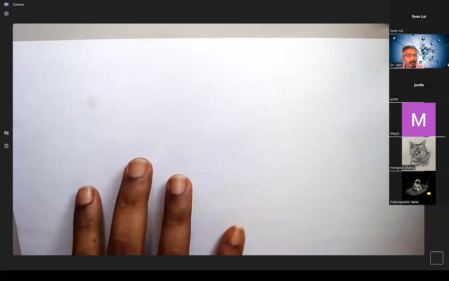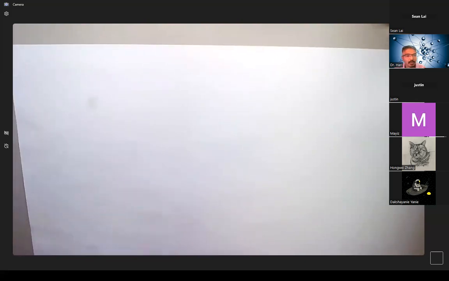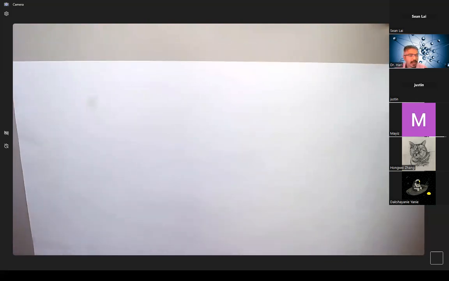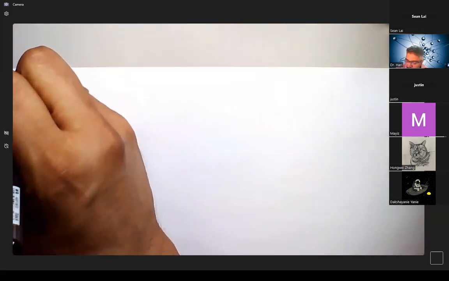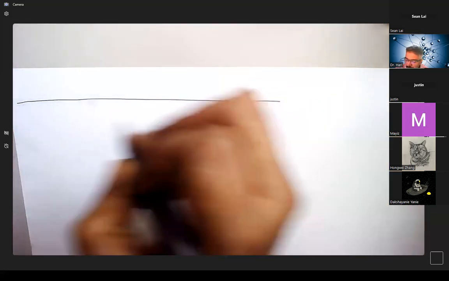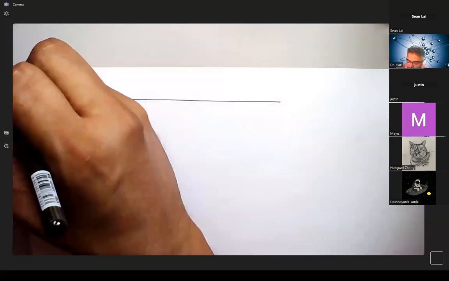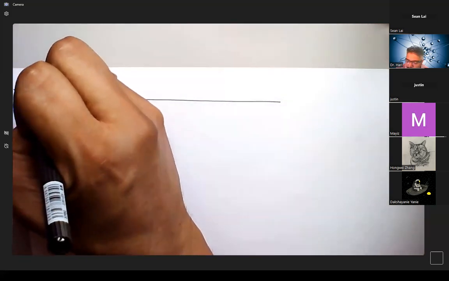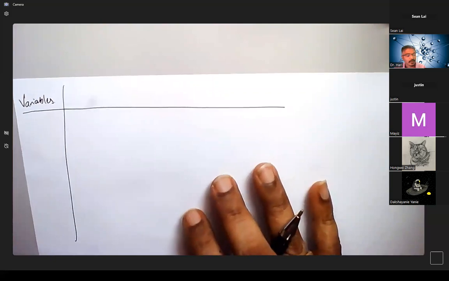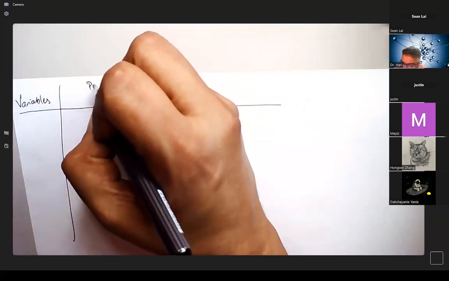That's what I'm talking about. Imagine this is the scribbling paper that you get during the exam. I'm going to draw a simple table here. So first, we're going to identify the variables. Then we have the procedure.